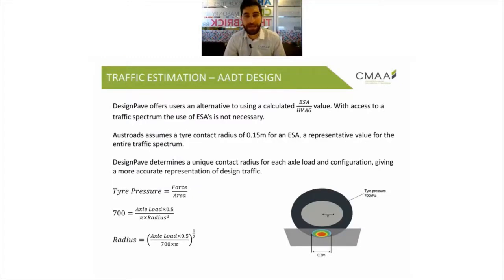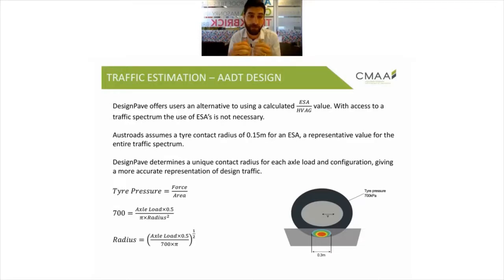When we're doing an AADT design and we're using a traffic spectrum value, we're doing a pavement design or a damage factor, not for our ESA value, but for every axle group and axle load in our spectrum. So on average, we have around about 170 different configurations, so 5 group types and 34 load types. And we do that pre and post lockup.